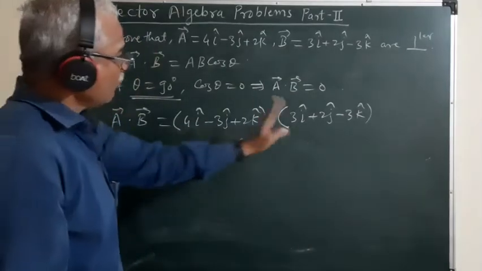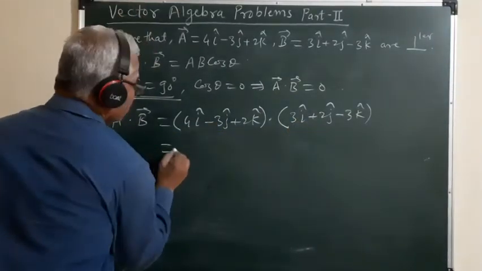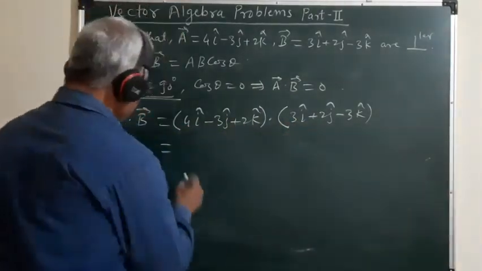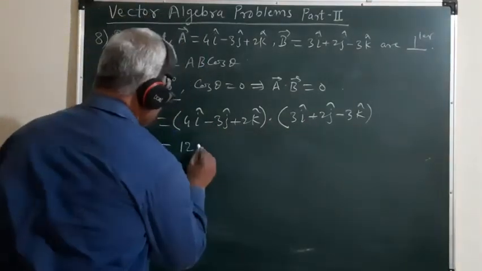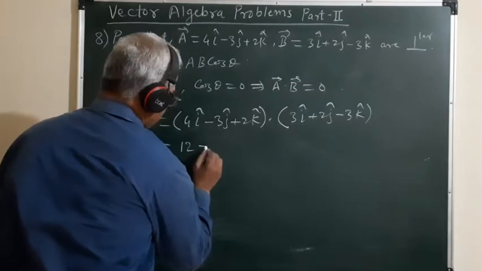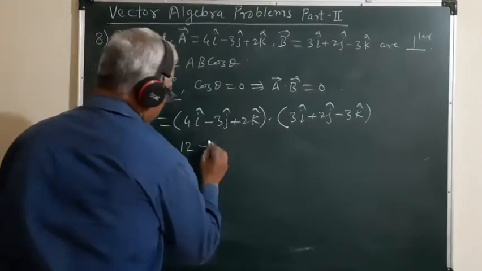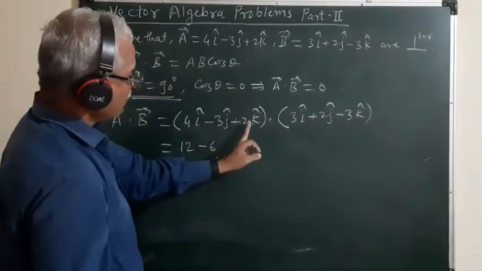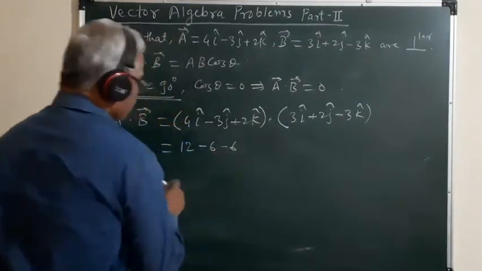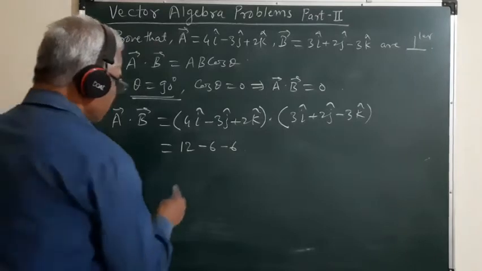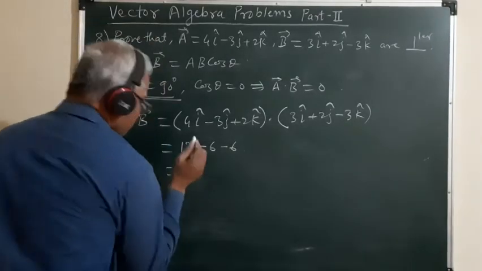So the dot product of these two vectors will be equal to 4 into 3 is 12, minus 3 into 2 is minus 6, and plus 2 into minus 3 is again minus 6. So 12 minus 6 minus 6 works out to be equal to 0.